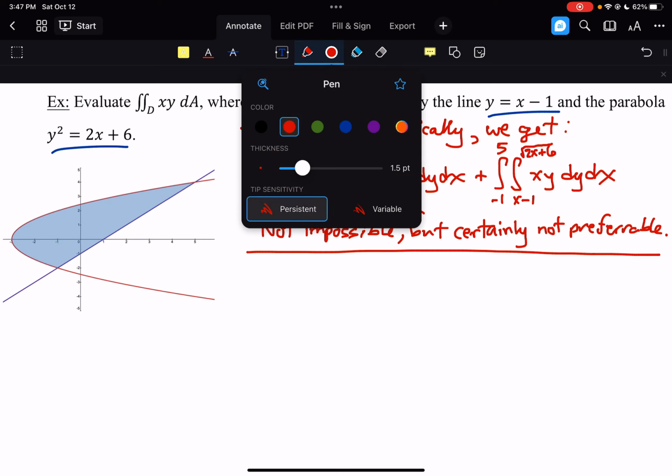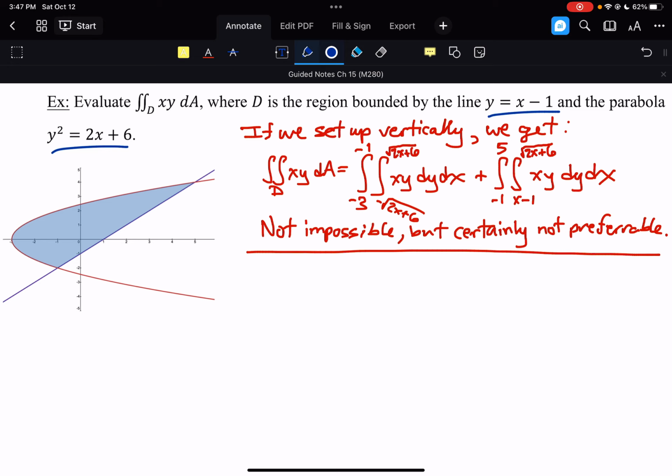Anytime that your setup is requiring you to do multiple double integrals to solve over one region, that's probably not the way to go. Whereas if we look at this horizontally, we're going from parabola up to line, and it's always parabola to line everywhere. There's no point where it switches or where we get overlap like these two. Horizontal really is the best way to do this one.